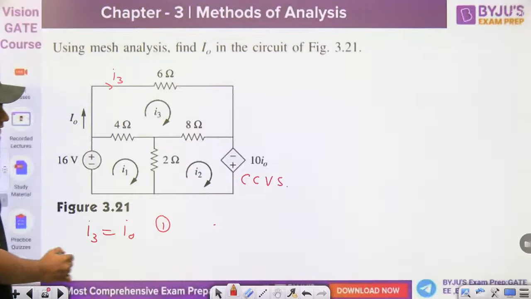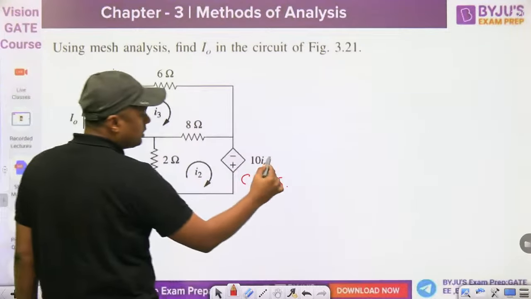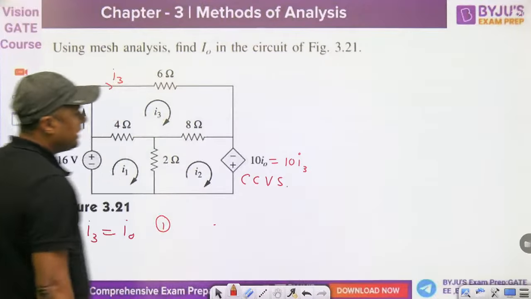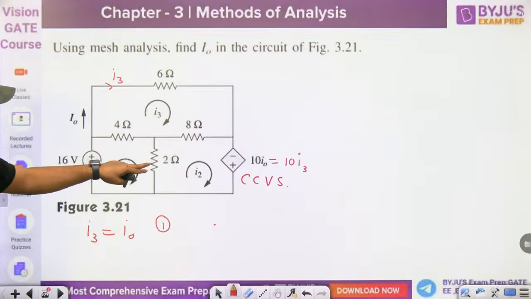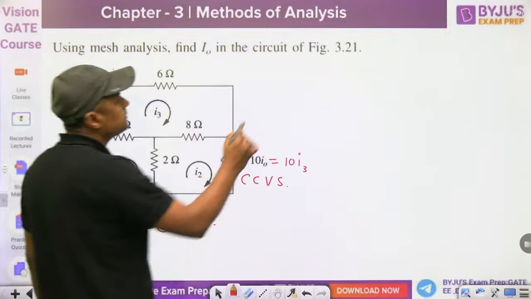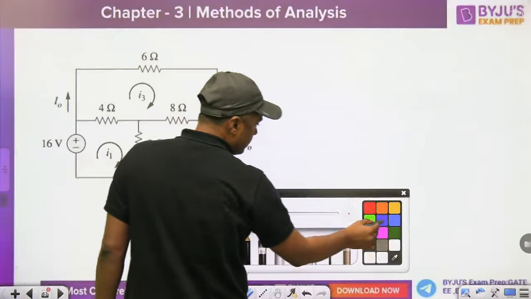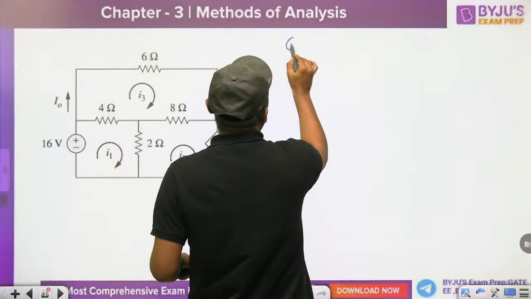First equation. Since I3 is I naught, you can write 10 times I3. Using the inspection method, it becomes 4 plus 2, 6. First KVL, in the first mesh, 4 plus 2, 6 I1.